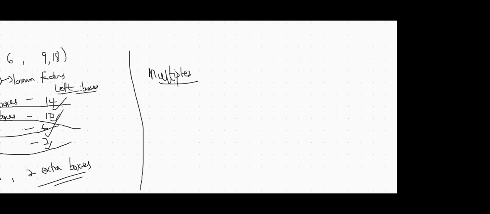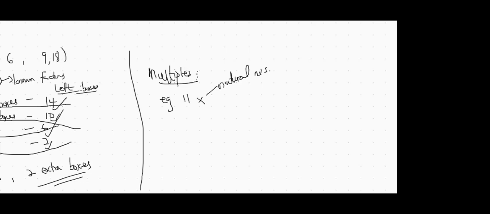Multiples. Now, what are multiples? Multiples are simply the results or the product when you multiply a given number by counting numbers or natural numbers. For example, 11: what 11 multiplies by natural numbers are called multiples.